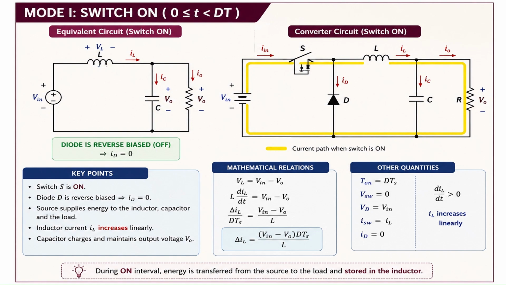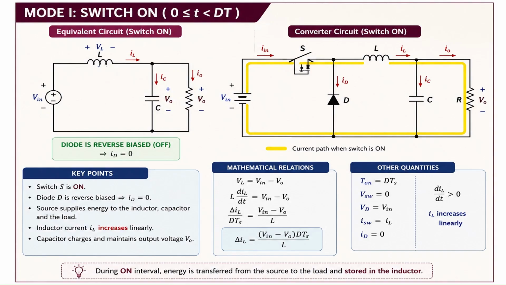So now we will see the mathematical relations. We have already discussed both modes of operation. First one is when the switch is in the on condition. The path of the current is from the source to the switch, then the inductor, then through the load and back to the source. Here I have drawn the equivalent circuit.